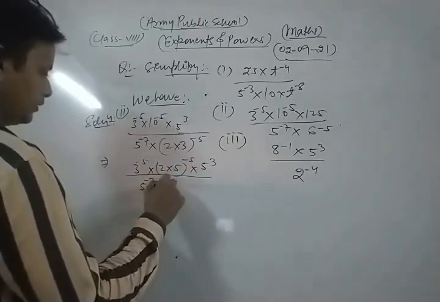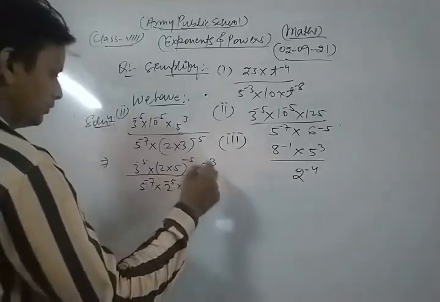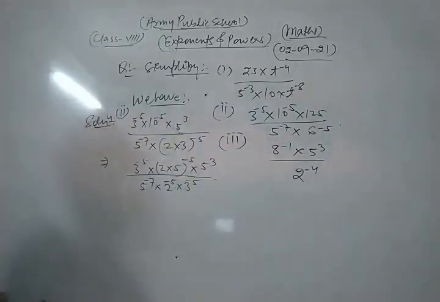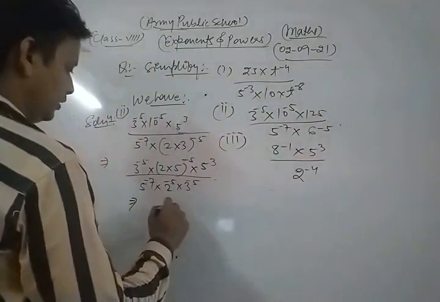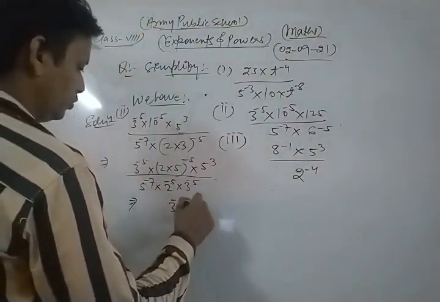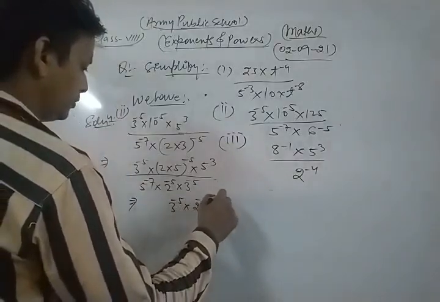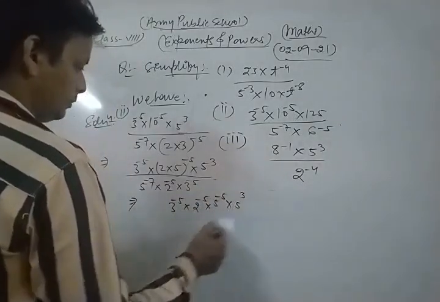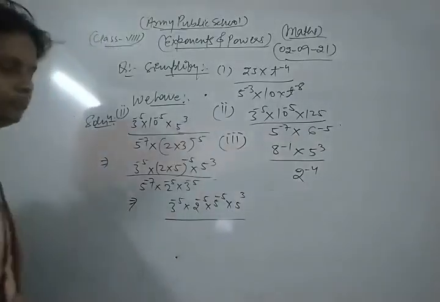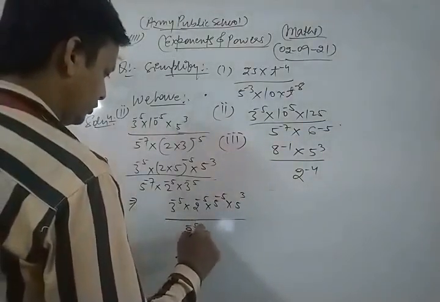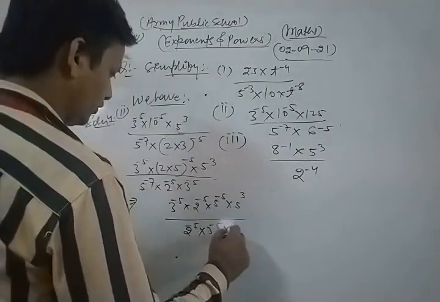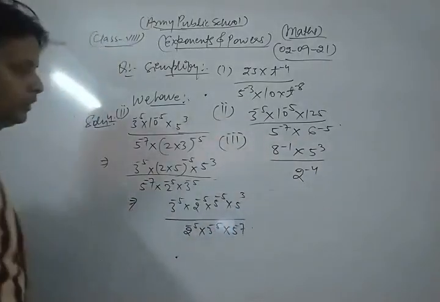Into 2 power minus 5 into 3 power minus 5 is there. Now we break the brackets. So here 3 power minus 5 into 2 power minus 5 into 5 power minus 5 into 5 power 3 upon 2 power minus 5 into 3 power minus 5 into 5 power minus 7.